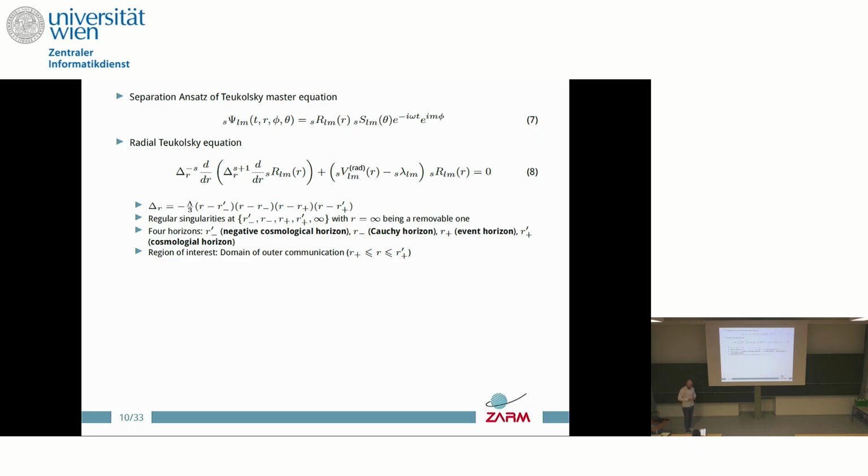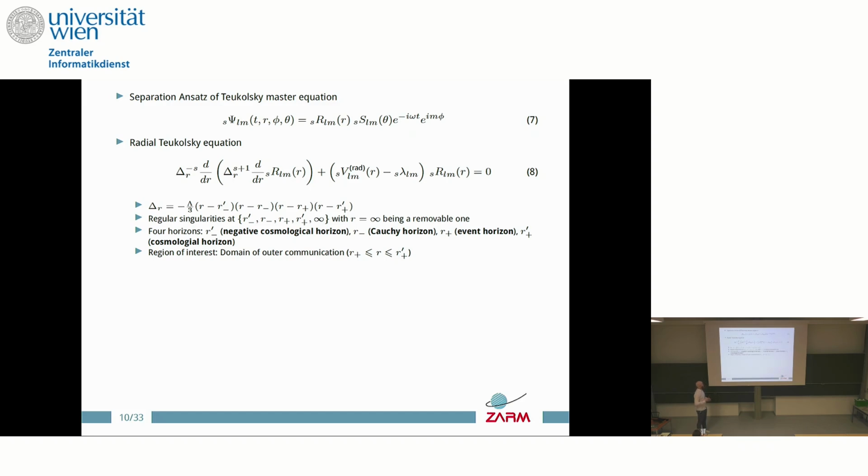So this is not to be confused with singularities in a differential geometry sense, but in a differential equation sense. This means that even though the differential equation will become singular at the horizon locations, we can still introduce a series expansion which is finite and regular at these points. This is what regular singularities for a differential equation means. And this differential equation has in principle 5, but we can remove the one at infinity by a certain transformation.